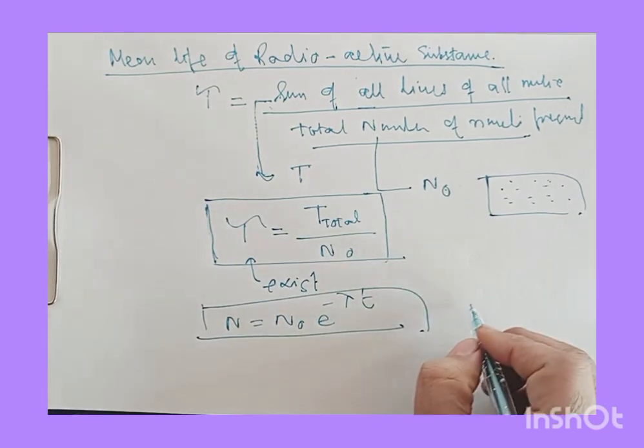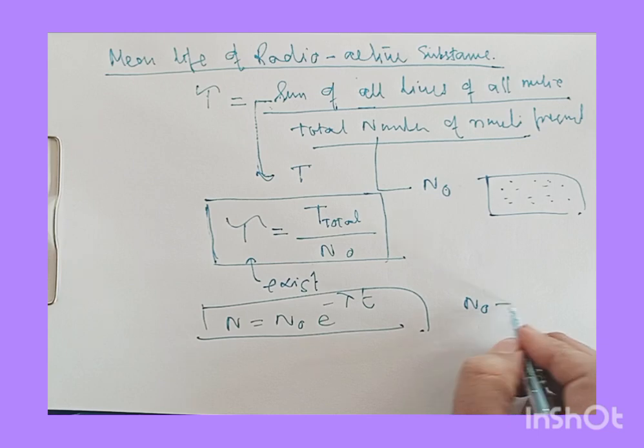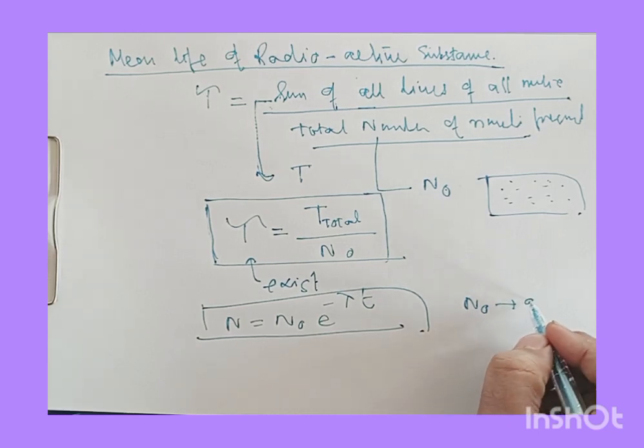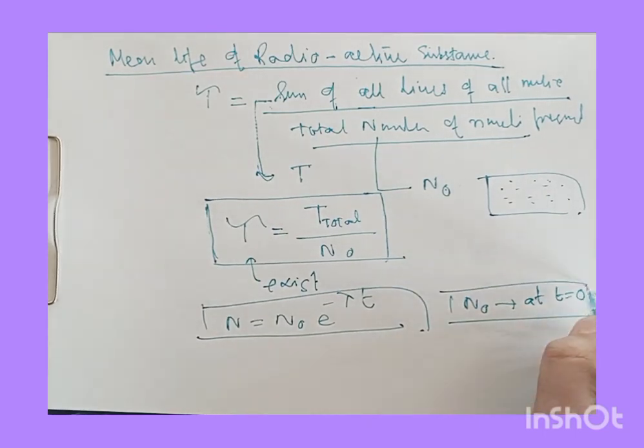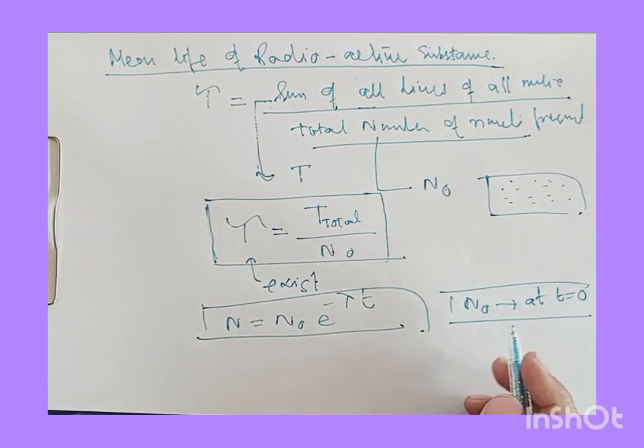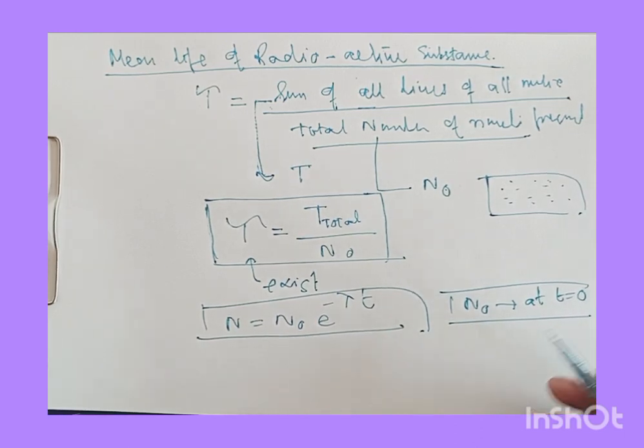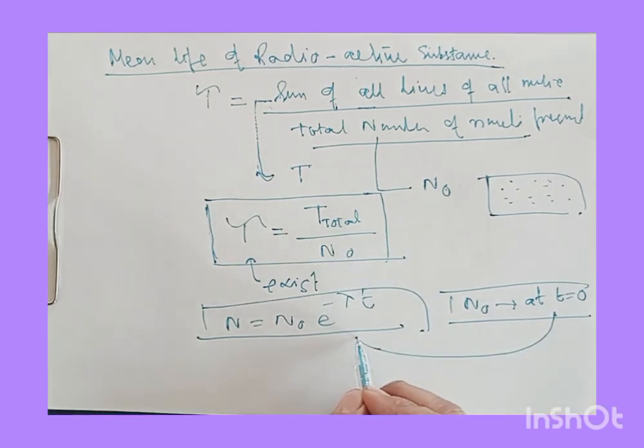And N0 is the total number of undecayed nuclei at t equal to 0.